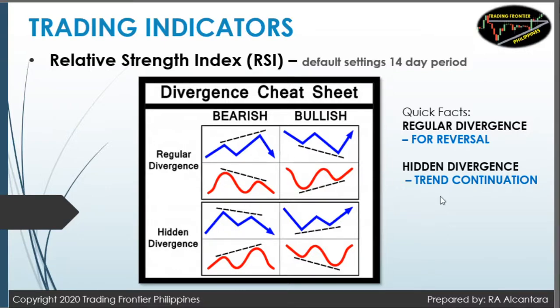On the other hand, hidden divergence is for the trend continuation. So this will be the setup for what? The bearish regular divergence, and this will be the setup for bullish regular divergence. So for today's video, I will be focusing more on the regular divergence.